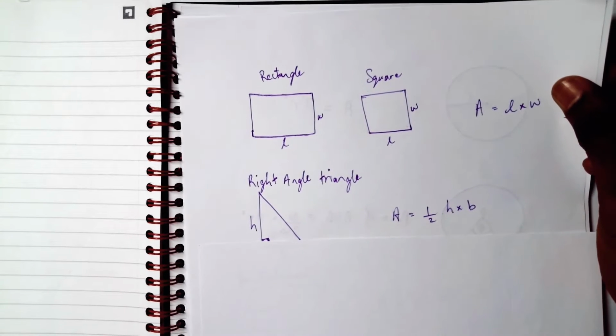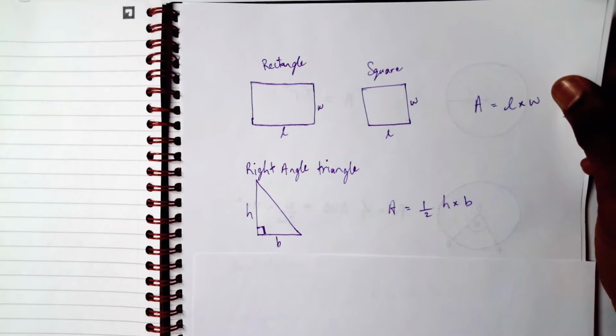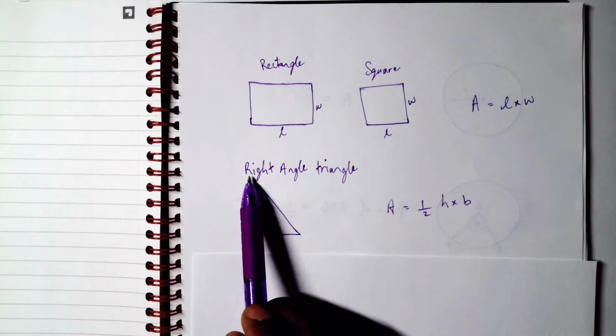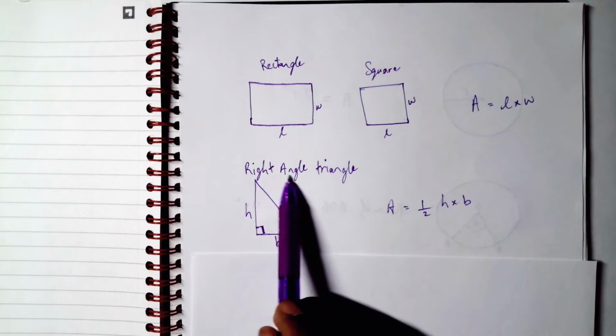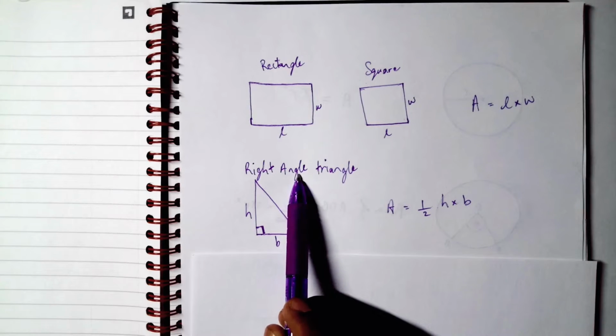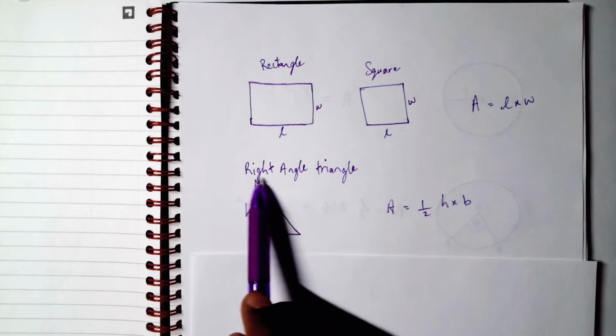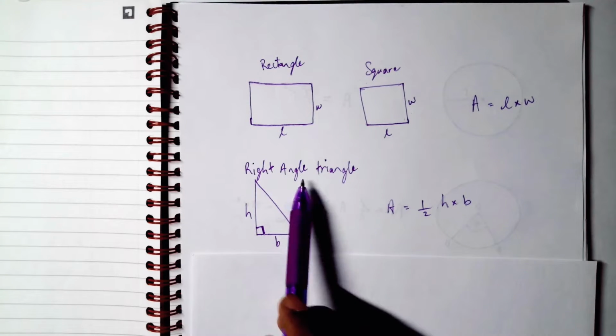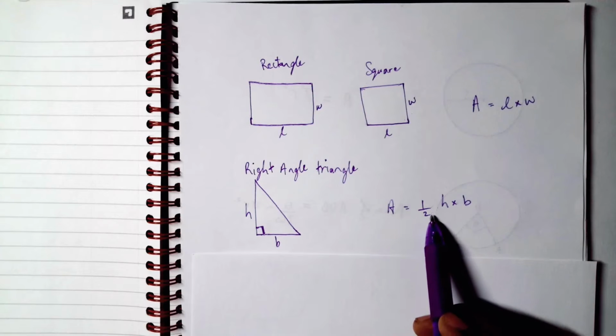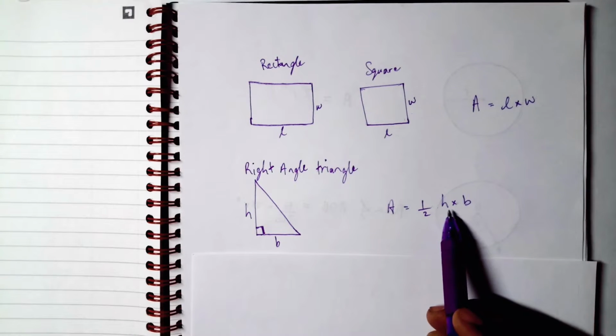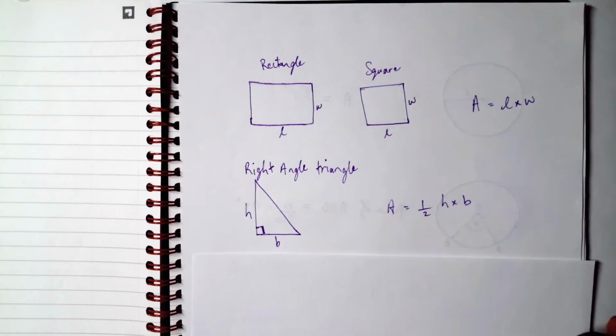For the right angle triangle, I specifically mentioned the right angle triangle because this formula does not work with any triangle, just the right angle triangle. And we get half height times base, or half base times height.